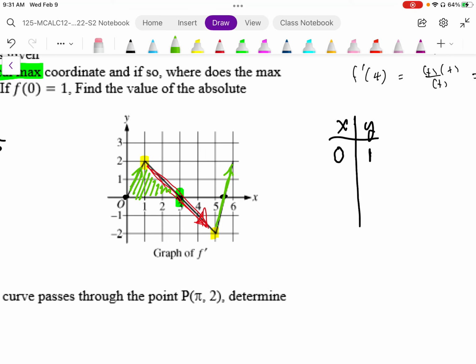So calculating that area, which I call area 1, it's a triangle with base 3, height 2. So 2 times 3 divided by 2 gives me 3. At x equals 3, I've gone plus 3, so my y coordinate is now 4. The area is positive 3.